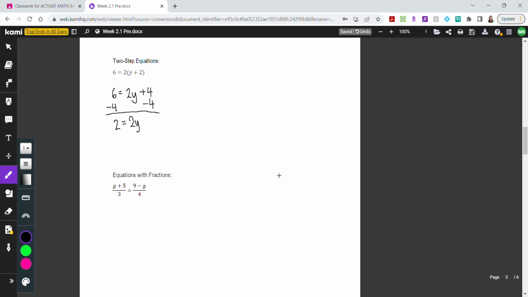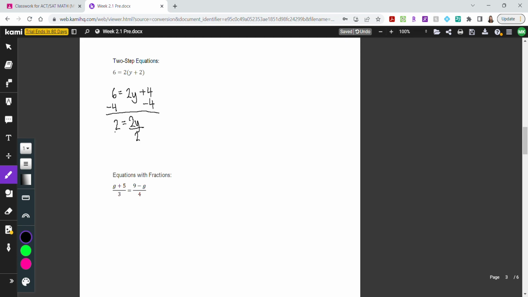So it'll be 2y, right? Now as you can see, we want y by itself, but 2 is being multiplied to it, right? So we want to do the opposite of multiplying in order to get rid of the 2. Because 2 times y, we need to divide both sides. We need to divide this by 2 in order to get rid of the 2 and make y by itself.